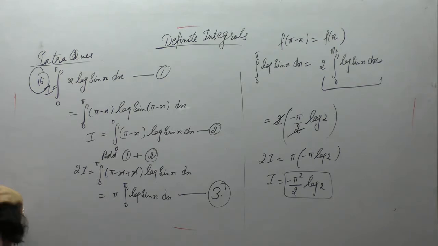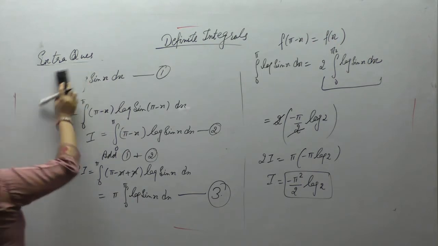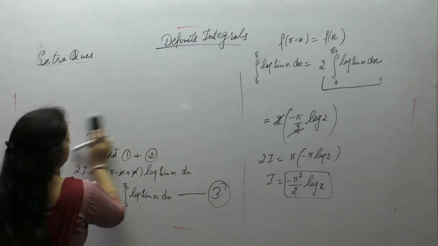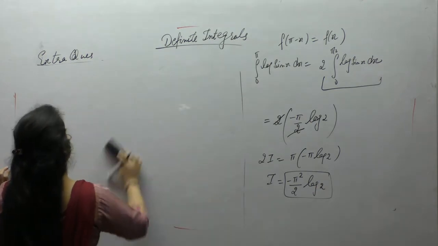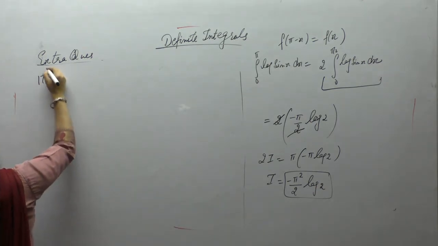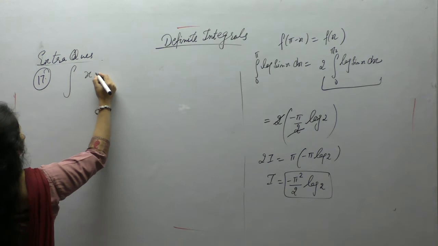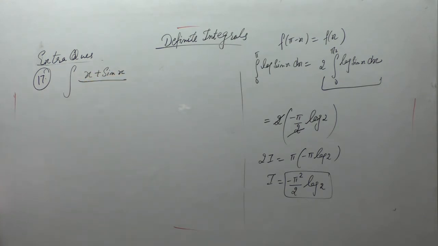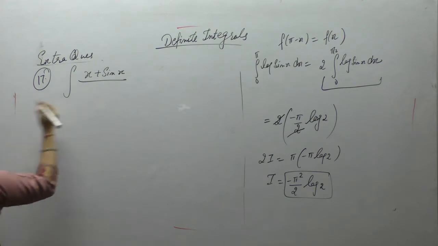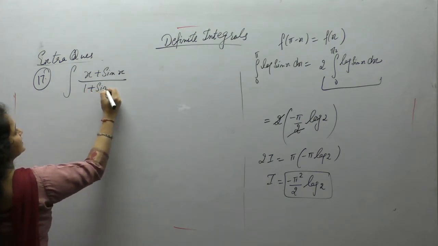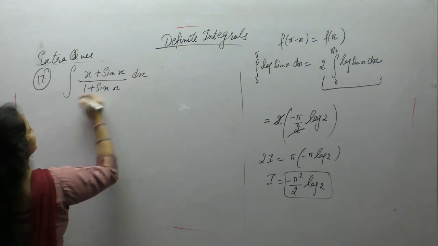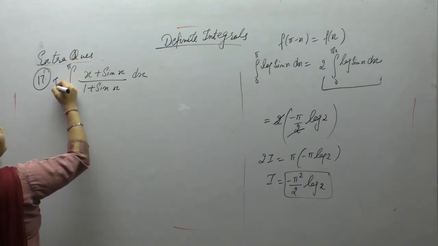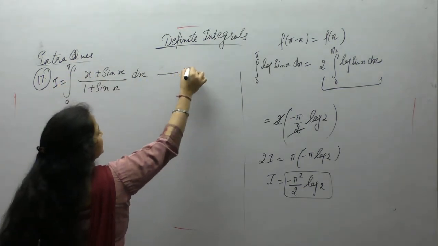Next one is integral of x plus sin x upon 1 plus sin x dx. Limit is 0 to pi. Again apply the same property.